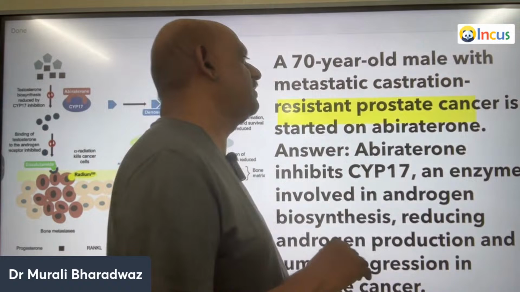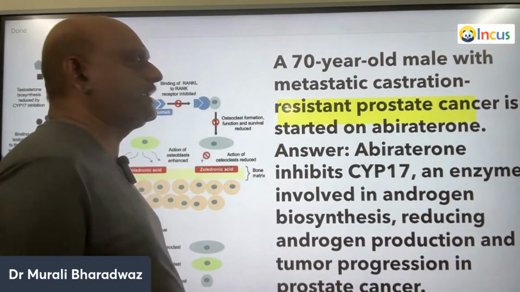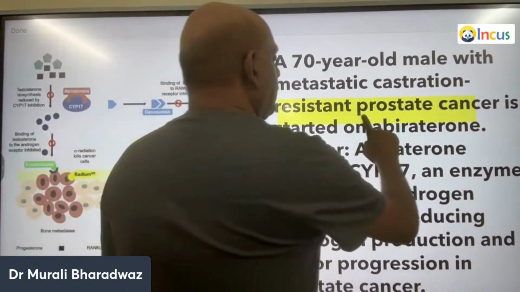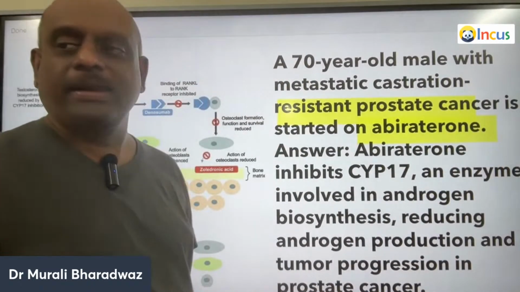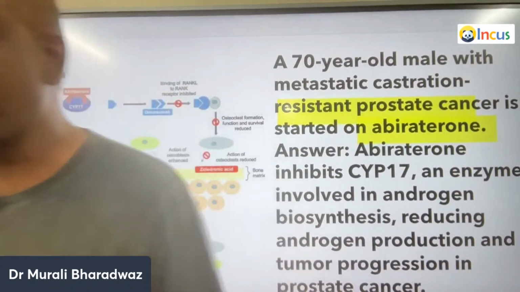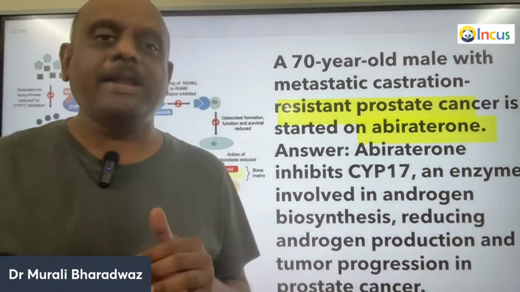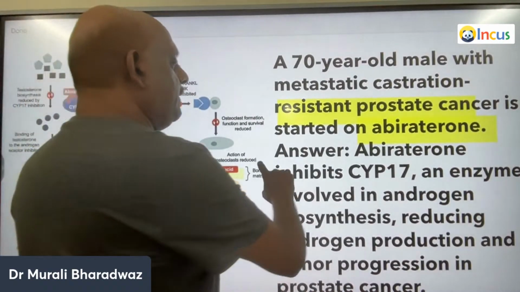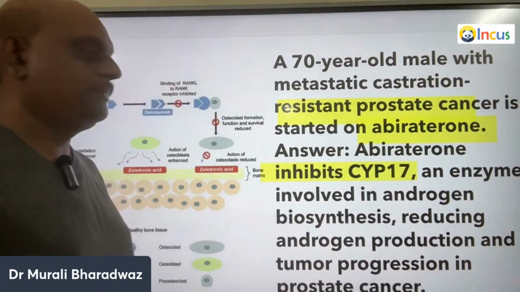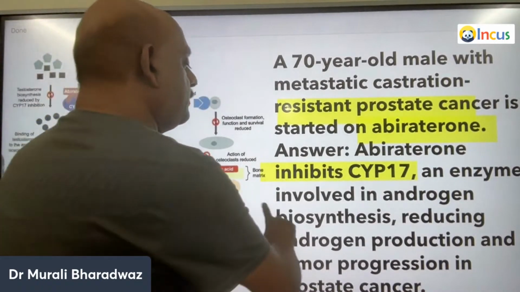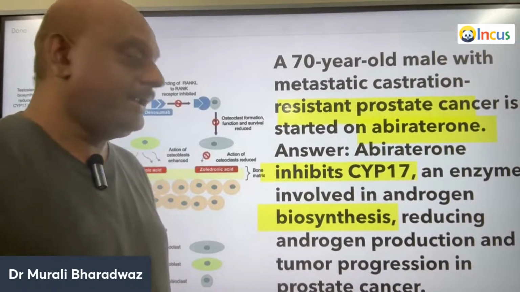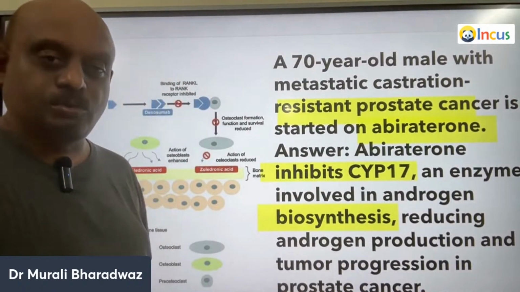But sometimes even castration-resistant metastatic prostate cancer is started on abiraterone. So what exactly will abiraterone be doing? Abiraterone inhibits CYP17, an enzyme involved in androgen biosynthesis, and it reduces androgen production and tumor progression.